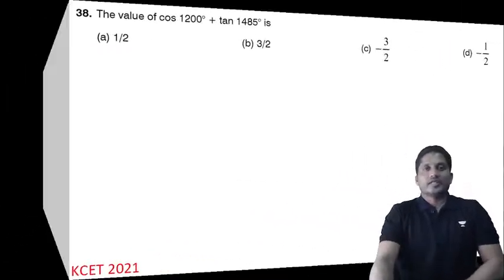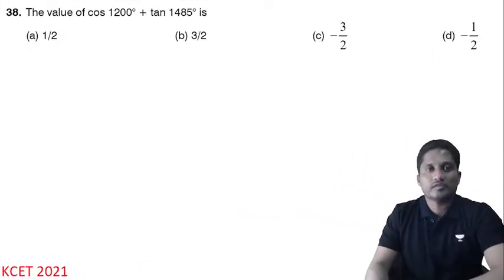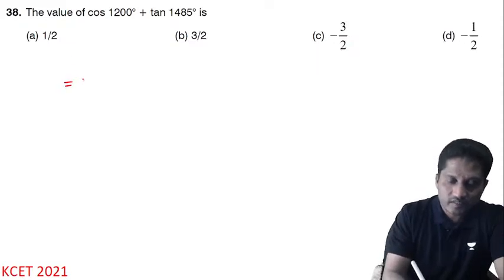Okay, question number 38. The value of cos 1200.